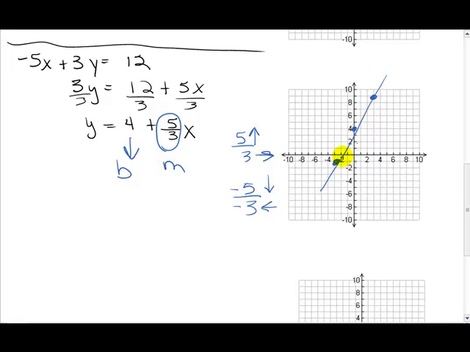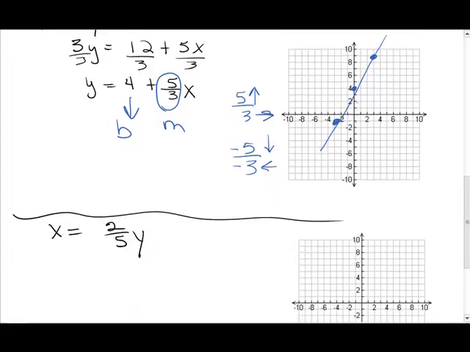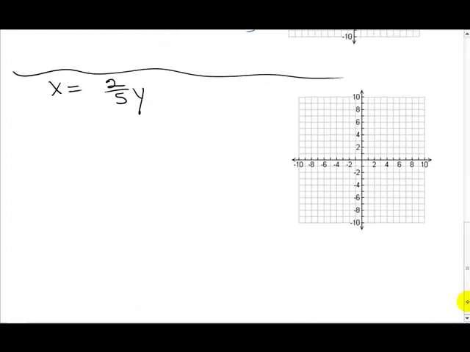Okay. All right, let's look at one more before I ask you to do some practice with this. x equals 2/5 y. Remember, we need to get y by itself, and it really doesn't matter that y is on the right or the left.